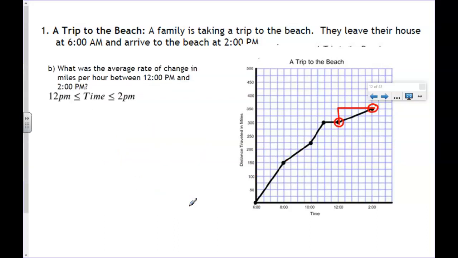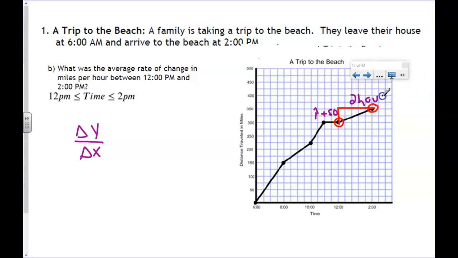So in this case, we're looking at between 12 p.m. and 2 p.m. So once again, guys, we are trying to find out, okay, what is the change of y over the change of x? And I've drawn kind of what's happening vertically. It looks like we are going up 50. We're adding 50. We're going up 50 over the course of 2 hours.